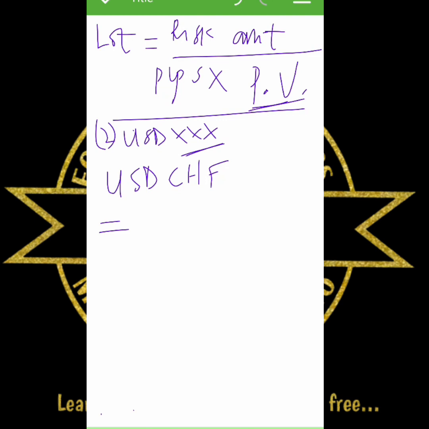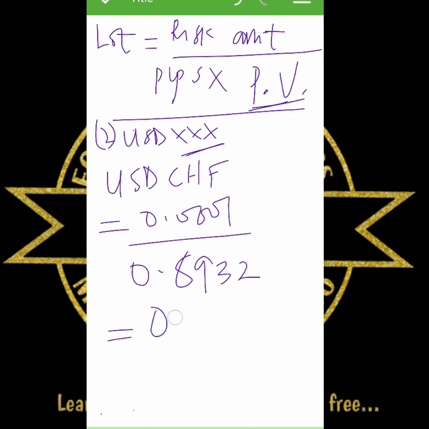So what we do is we say one pip. Remember, to find the pip value is one pip over the exchange rate. So one pip will be 0.0001 over 0.8932, and the answer is 0.000111.